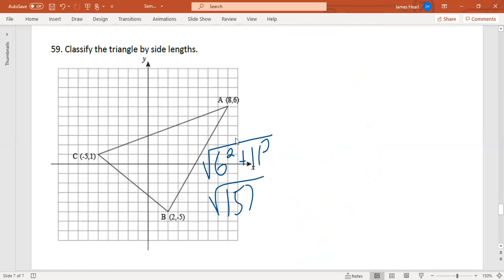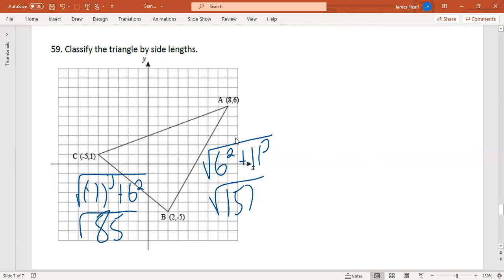All right, from B to C, 2 to -5 would be -7, and that's going to get squared. And then from -5 to 1 would be 6, and that's going to get squared. That's going to be the square root of 49 plus 36, which will be 85.